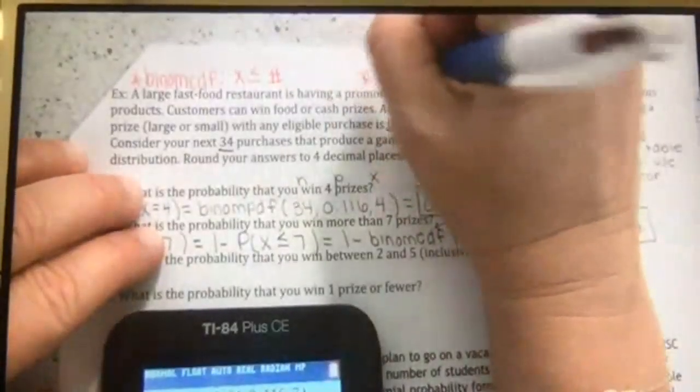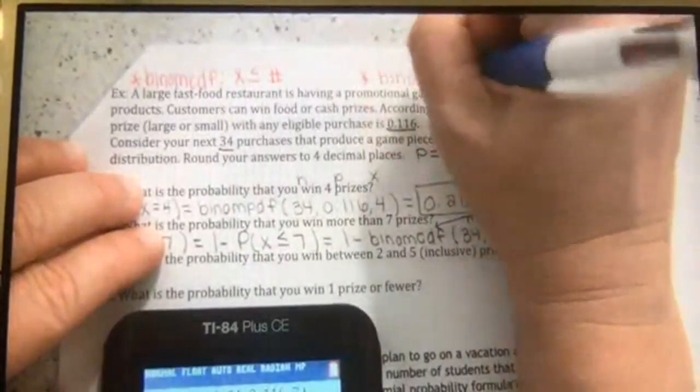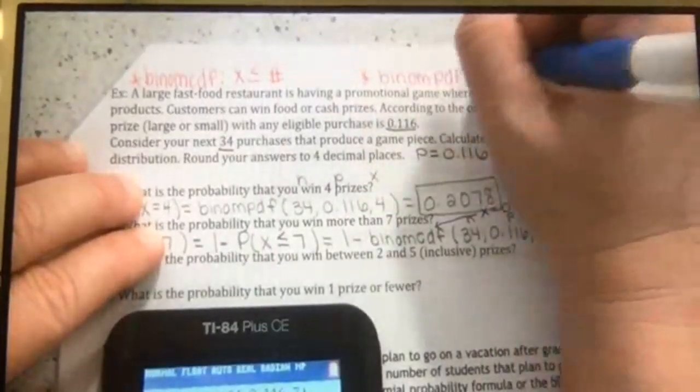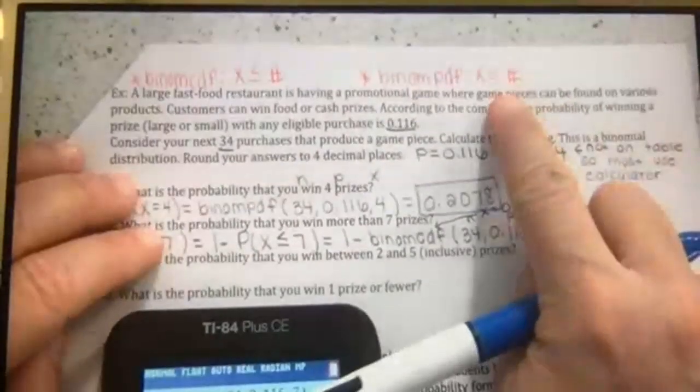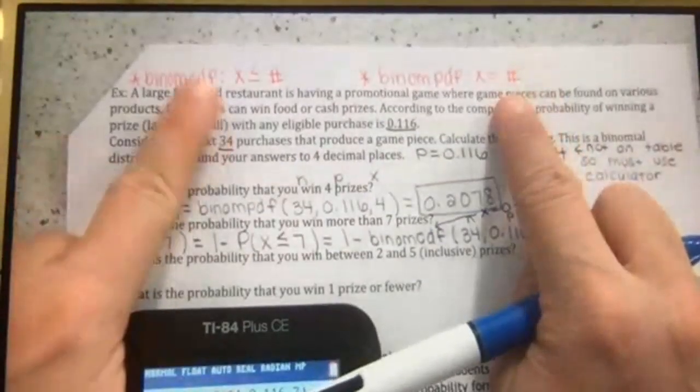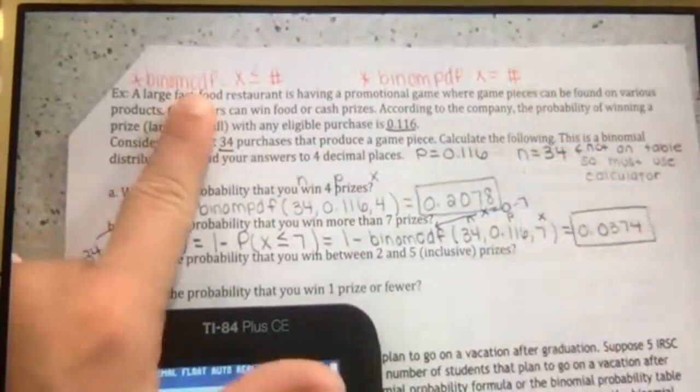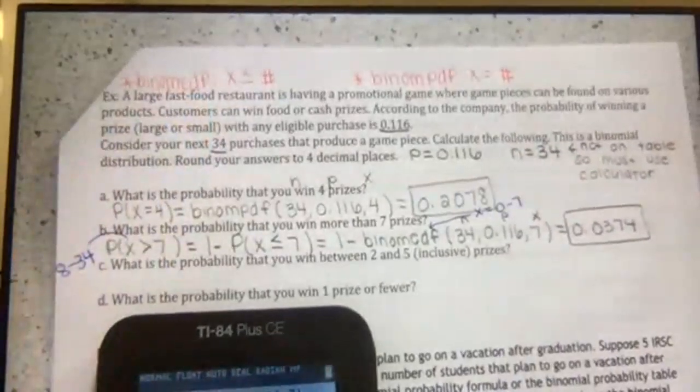And then we're going to use binom PDF when x equals just some number. So PDF is just for 1 point. You can think of P as in point, and C as cumulative, which is that number and everything less.